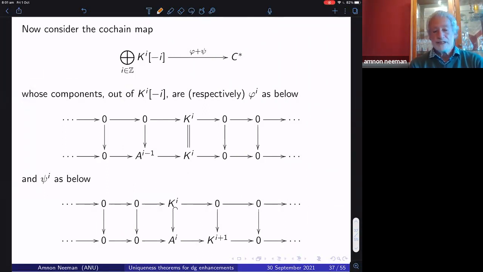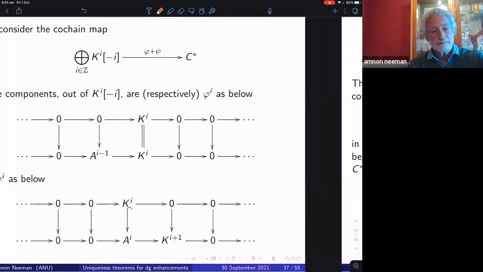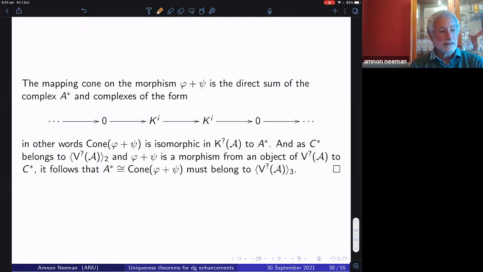Its components are the identity map from Ki to Ki, and the map from Ki to Ai to Ki plus 1. And now I form the mapping cone on this map, and the mapping cone is A.